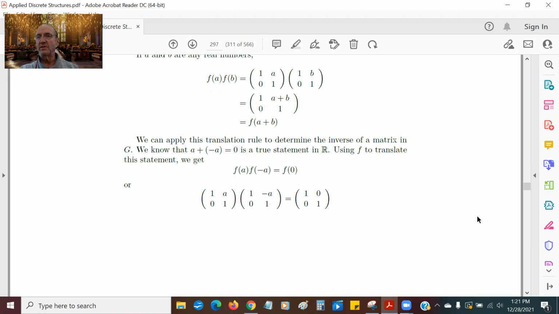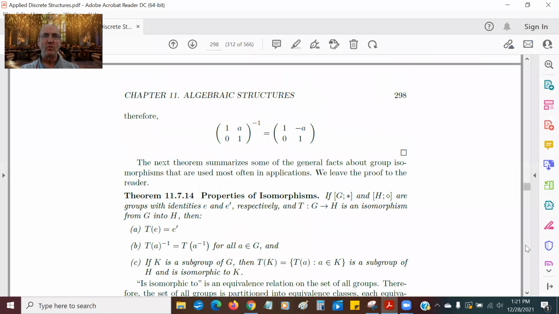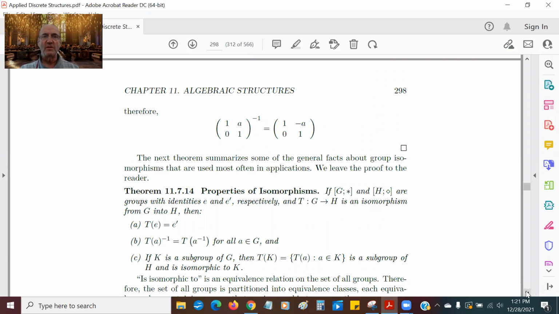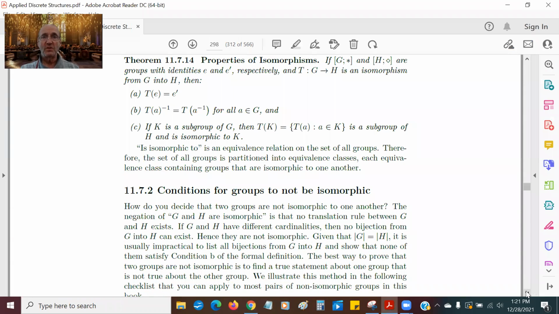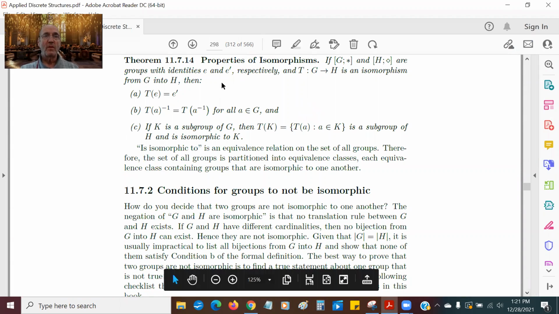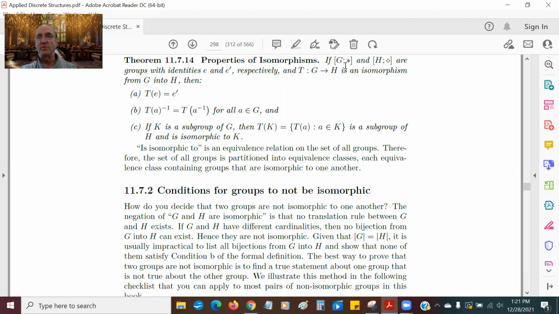Moving on, let's get some more insights into isomorphism and some of the properties of isomorphism. So first of all, if you have an isomorphism, so T represents an isomorphism between the group G and the group H, it's always going to work out that the identity element from G is going to map to the identity element of H, and the inverse of T of A is the same thing as T of A inverse.